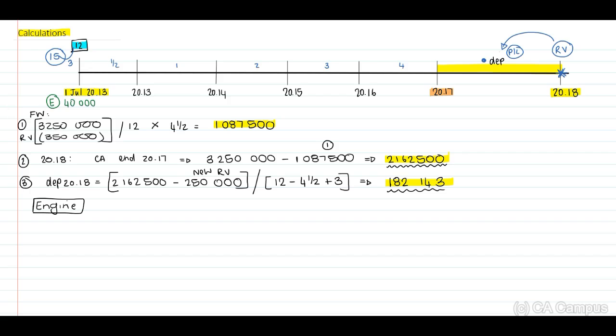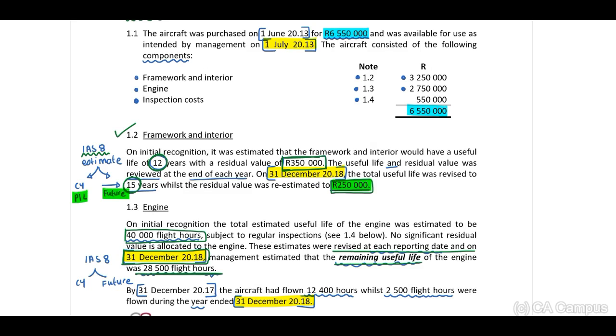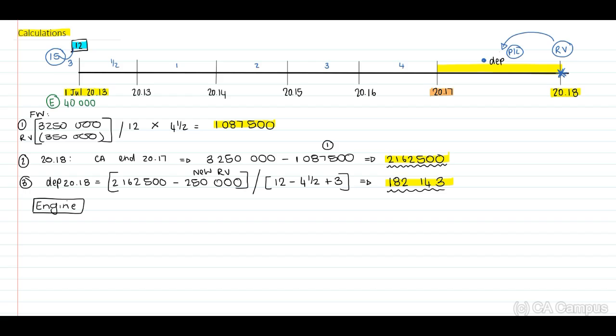Then they indicate to us, in terms of the given information, that we now have 28,500 flight hours at the end of 20.18. 28,500. Now, you agree with me, we need to determine our carrying amount at the end of 20.17 to be able to determine our depreciation for our current year.